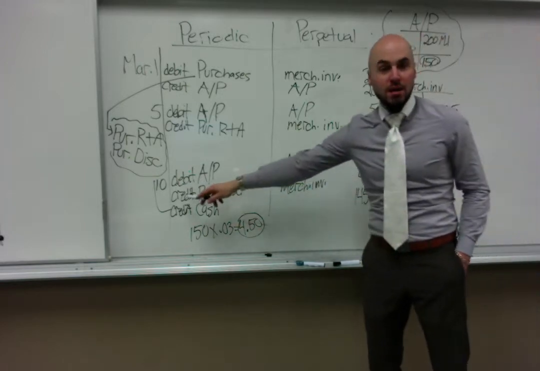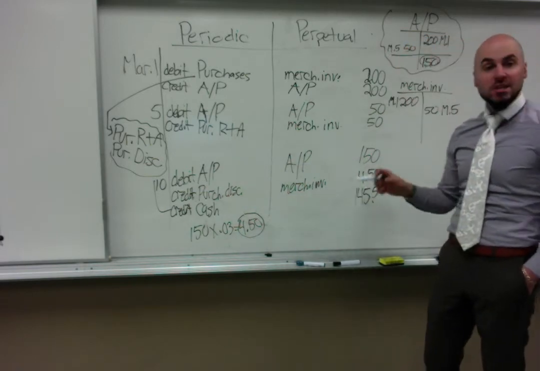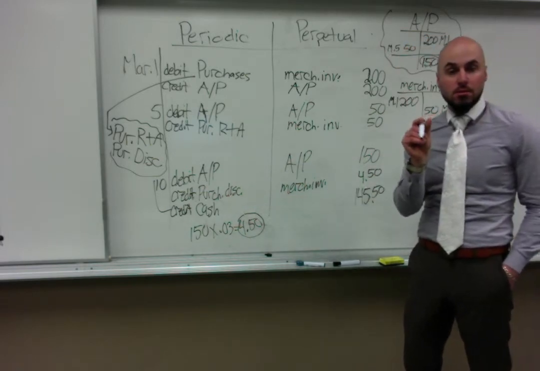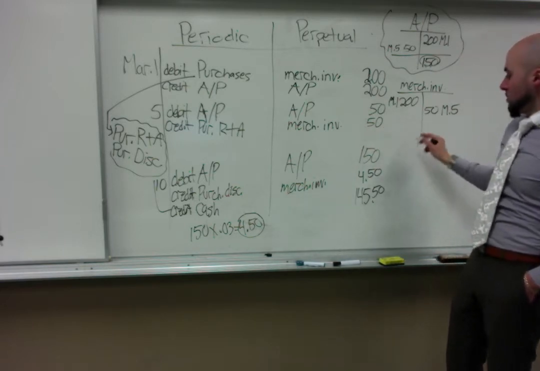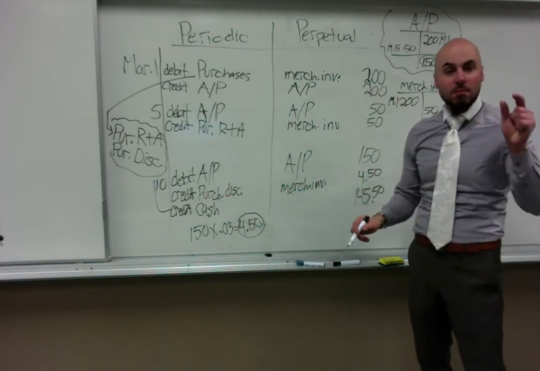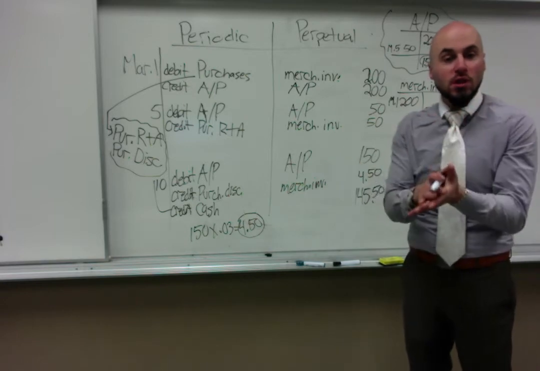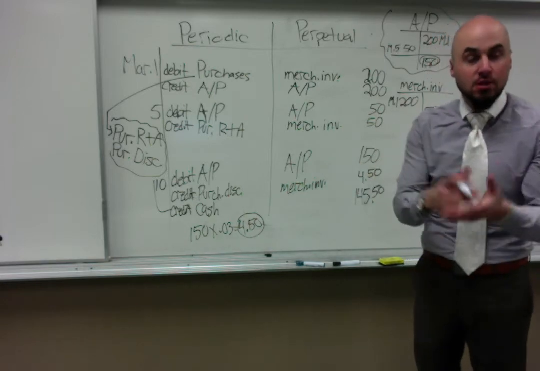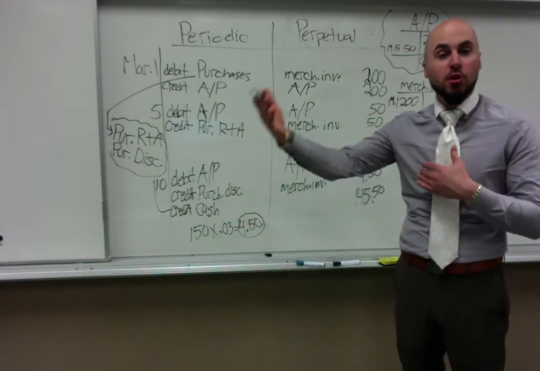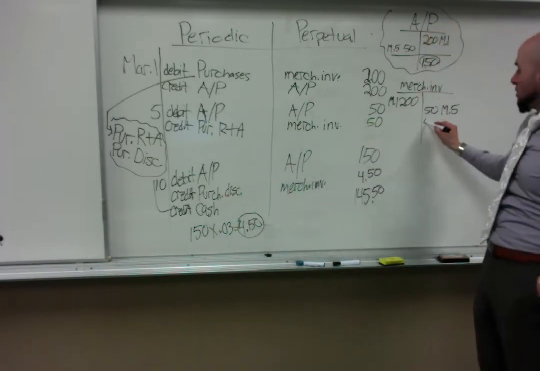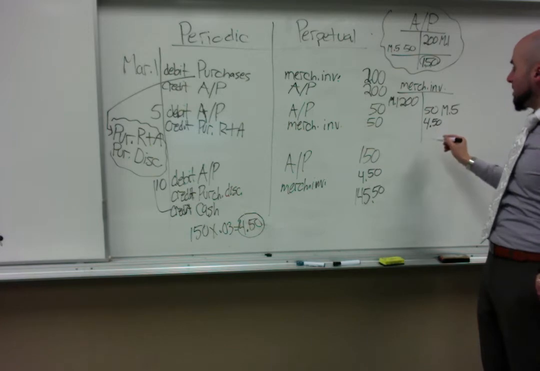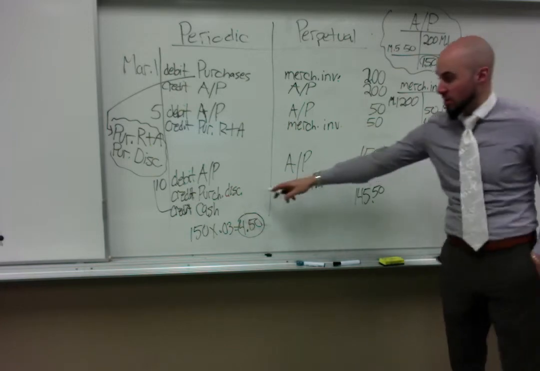Now, on March 10th, we are getting a discount on the remaining 150. So, that discount amount means that the inventory is worth $4.50 less to us, which is better for us to now make more profit with. So $4.50 gets debited or credited in merchandise inventory.